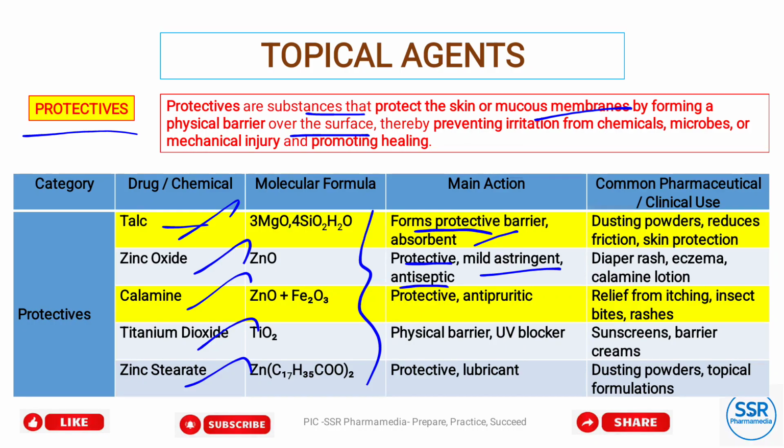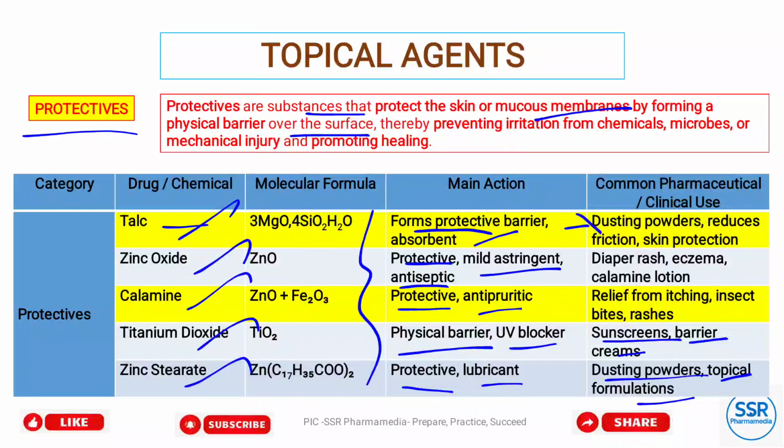Calamine is used as a protective and anti-pruritic agent. Titanium dioxide is a physical barrier and UV blocker, used in the preparation of sunscreen and barrier cream. Protectives and lubricants are used in dusting powders and topical formulations.